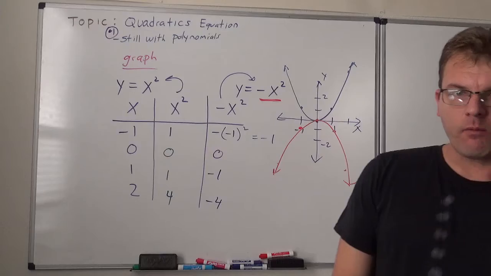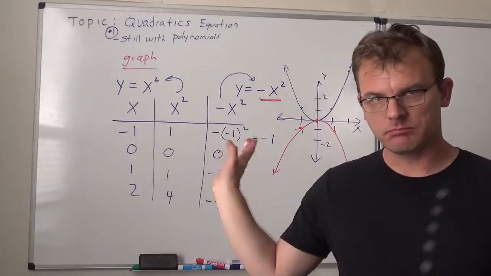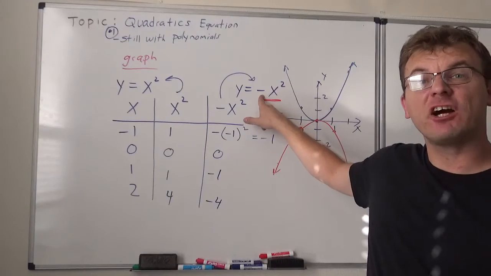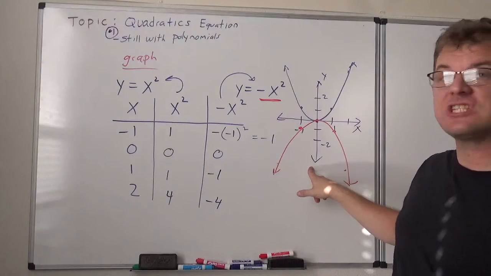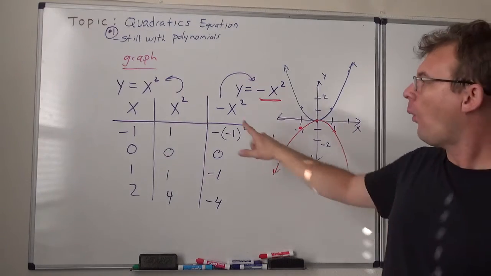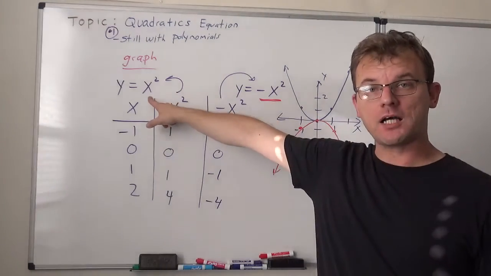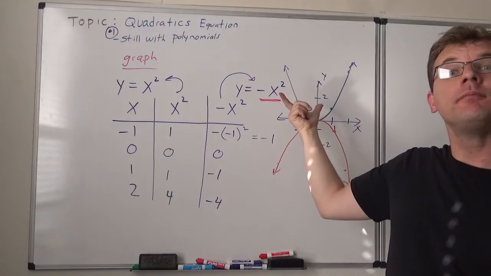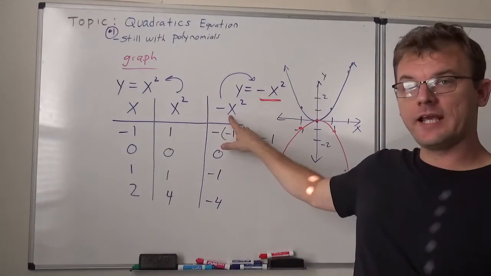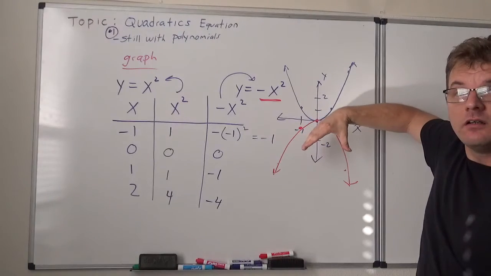The last thing I want to tell you about this part is that when you have a negative in front, it goes down. When you have a positive, it goes up. So negative in front, down.